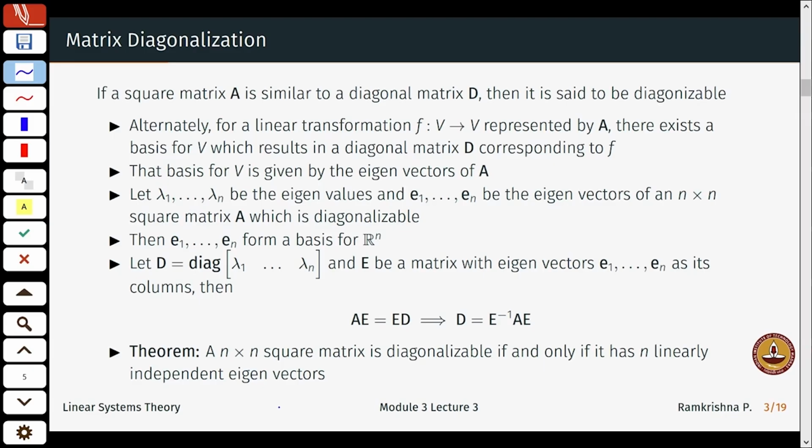Or in other words, can I find a diagonal matrix D which is similar to the original matrix A? So, when can I do this? If a square matrix A is similar to a diagonal matrix D, then it is said to be diagonalizable.